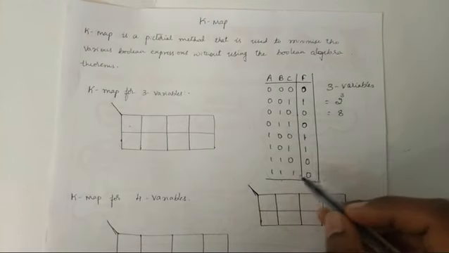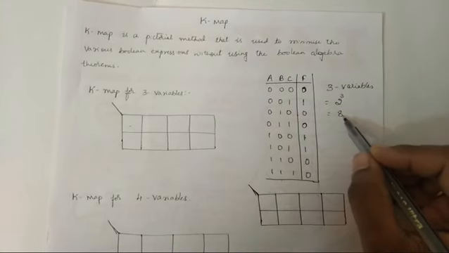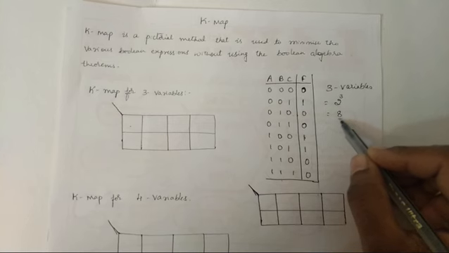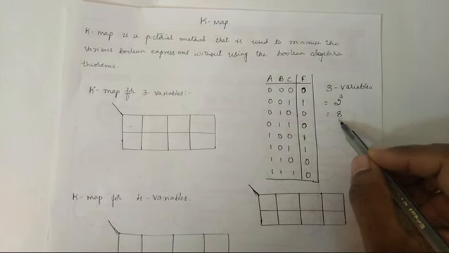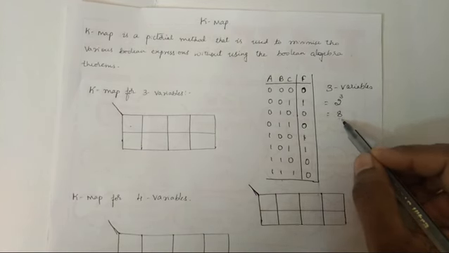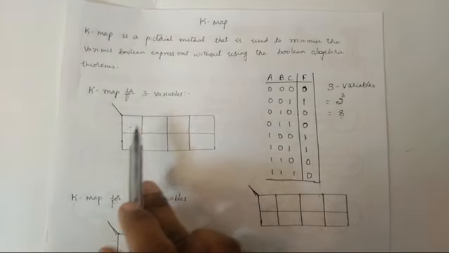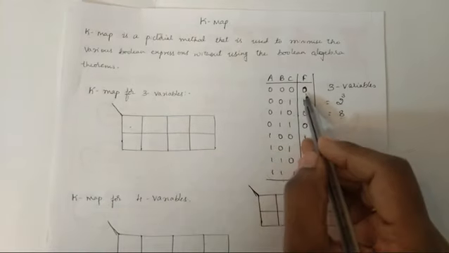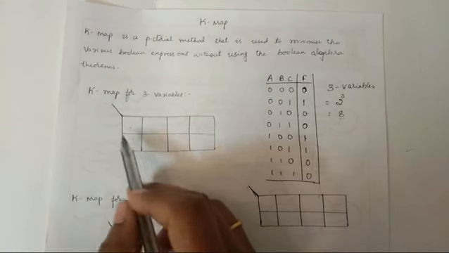Now, there are 8 different input combinations. So to represent all these 8 input combinations, I need 8 boxes, to represent each output in one of these boxes.